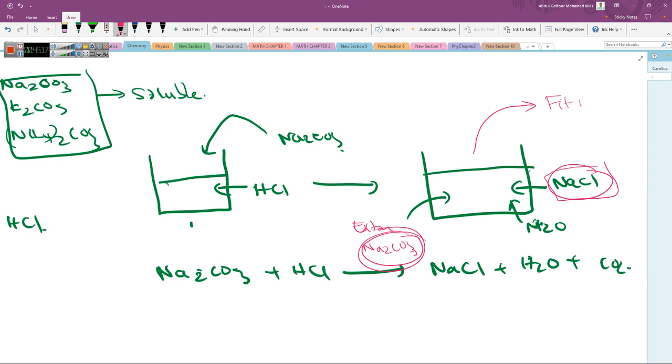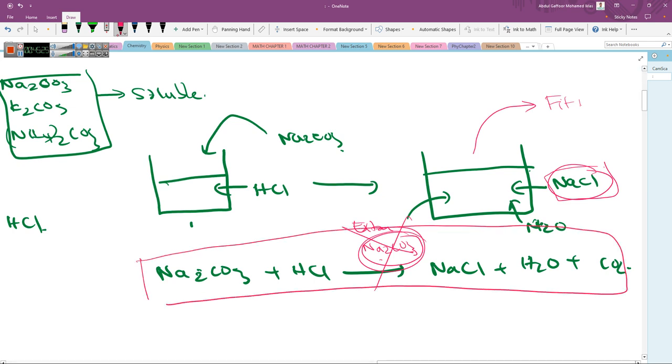So practically this is not possible. If it is soluble, then we go for titration. This cannot be done using this method. This can be done only by titration. Why? In titration we get only the required amount of sodium carbonate, and we don't pour extra sodium carbonate, right?